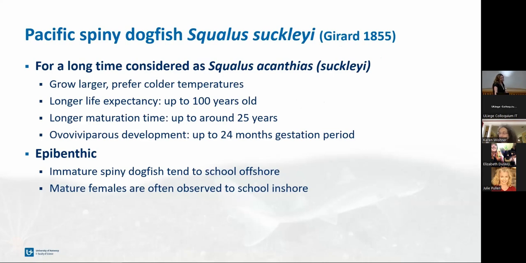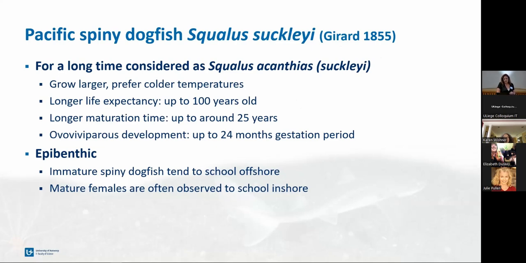The species that we looked at is the Pacific spiny dogfish, Squalus suckleyi. For a long time, it was also considered Squalus acanthias, but now it has been re-given its original name. Why is it considered its own species again? Well, in general, they live longer, they prefer colder temperature.